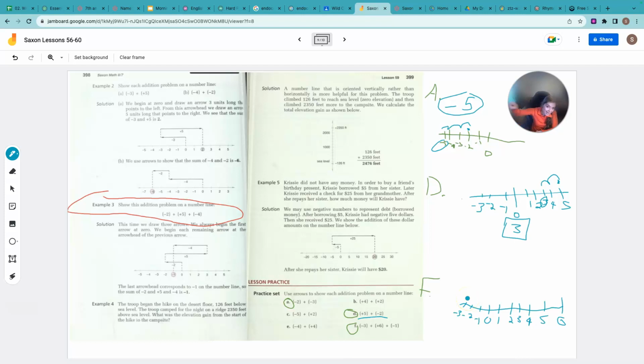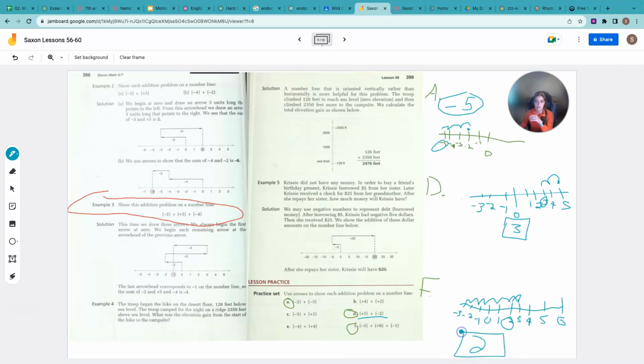So we know because we're adding a positive number, we're moving in a positive direction. So we're going to head to the right. 6 times. 1, 2, 3, 4, 5, 6. We're at +3. So then we have plus -1. So we're going to have to go back 1 because we're adding a negative, which means we're moving in a negative direction. So go over 1, we get +2 as our answer.